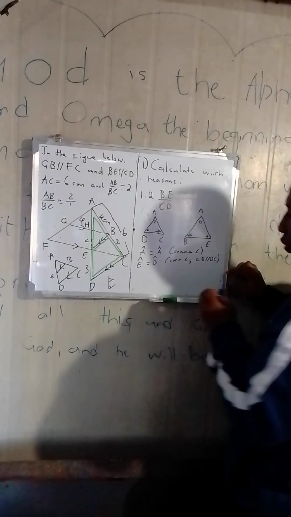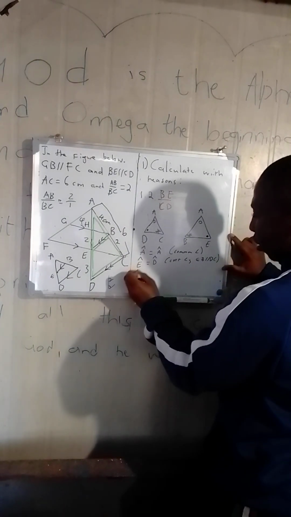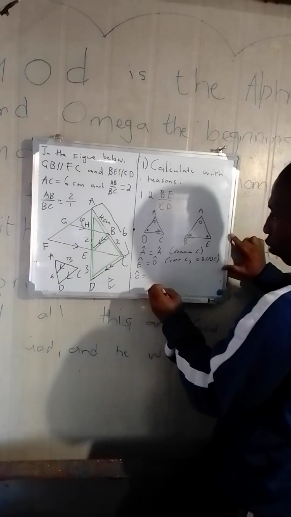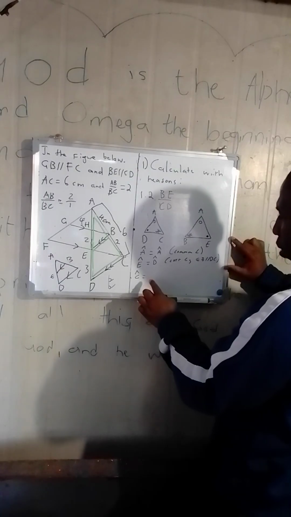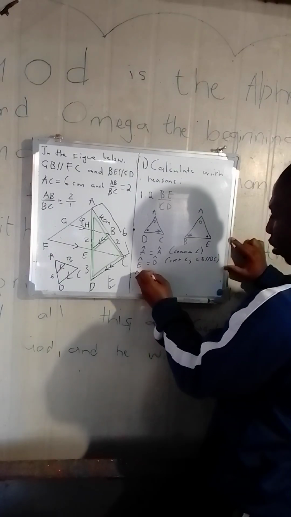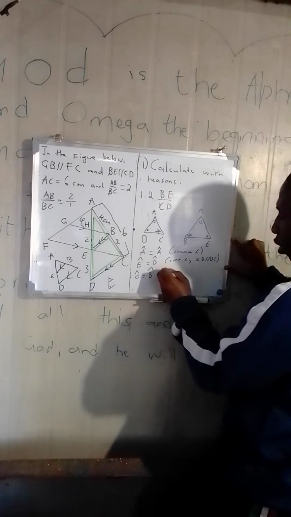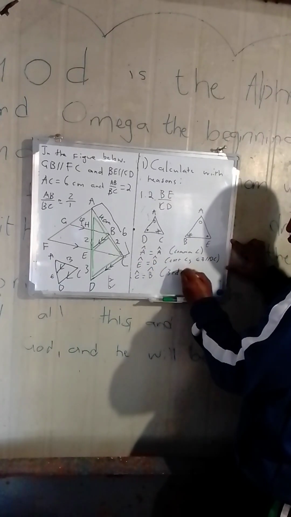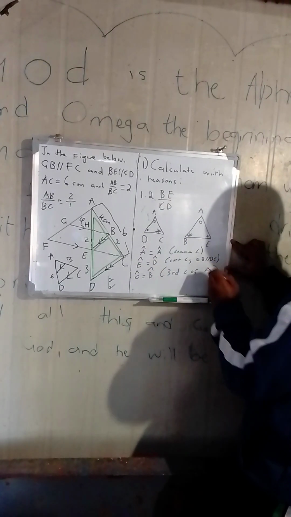Then lastly, C is equal to B. This one is the third angle of the triangle.